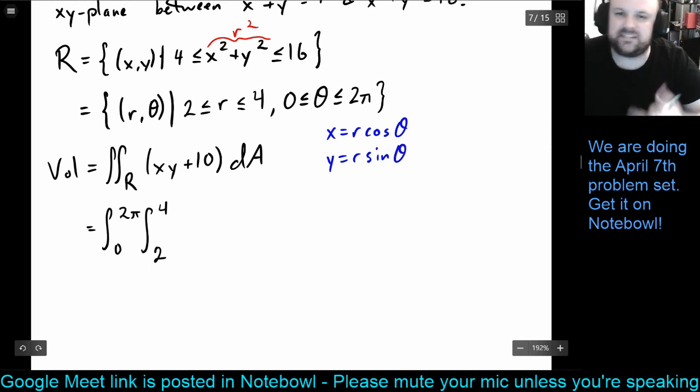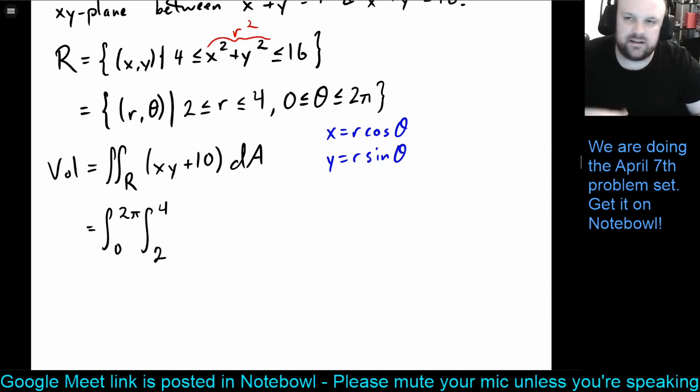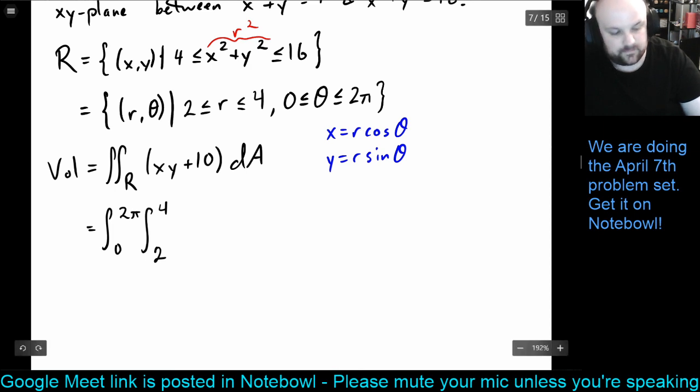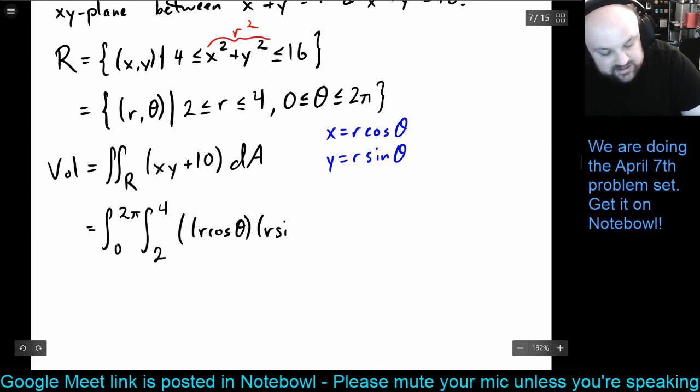So if we don't have x squared plus y squared or that kind of form to use, we can just swap out each x and each y individually for these. So this will be r cosine theta, r sine theta, plus 10. And then dA turns into r dr d theta.